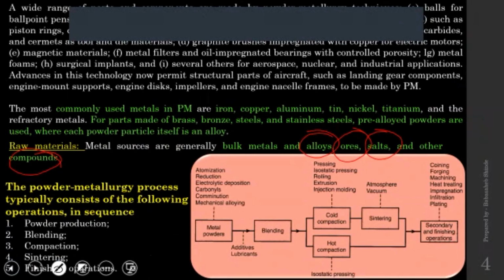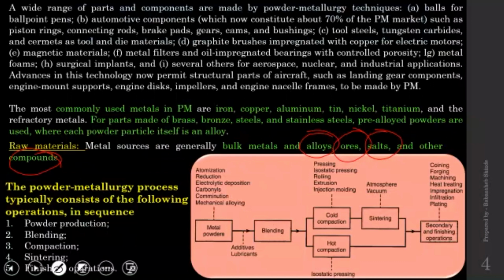If you take an example of iron or copper, it will be available in the form of oxides like iron oxide and copper oxide. That is a combination of iron and oxygen, which is nothing but the oxide of that particular material. So that way it will be available as raw material in nature, and that has to be extracted and then converted into powders.